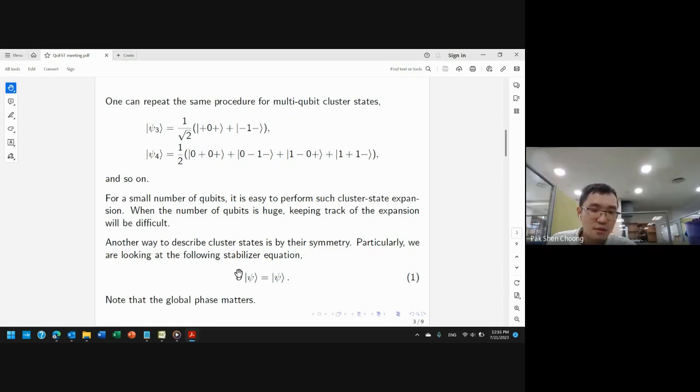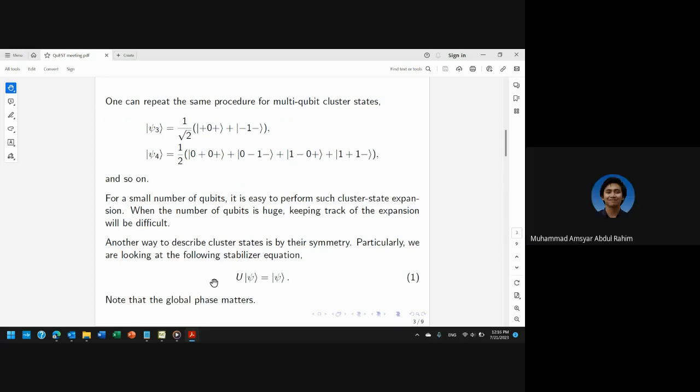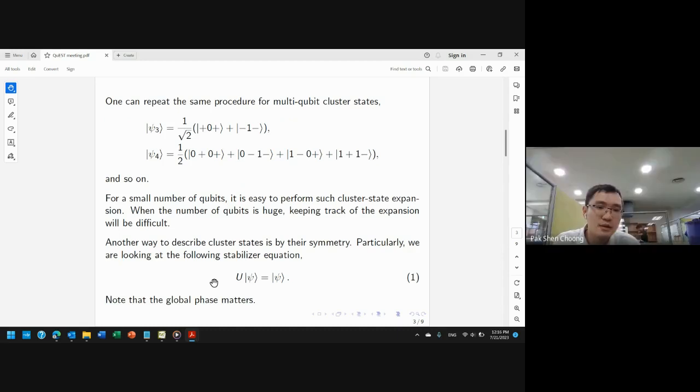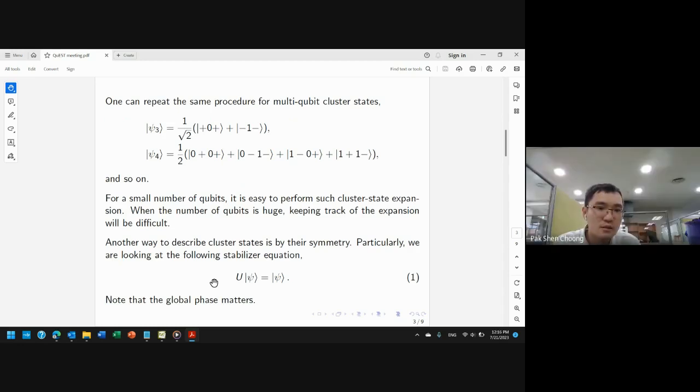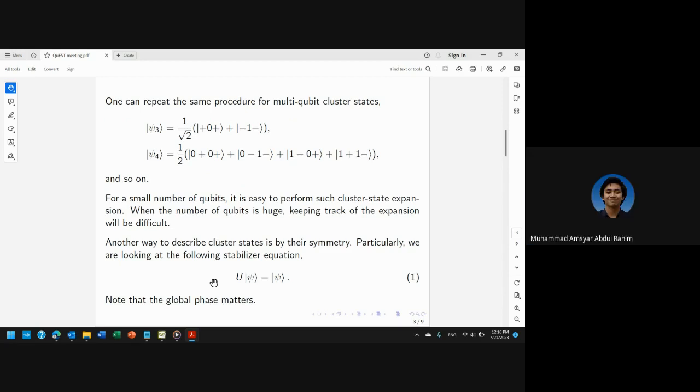In this case, you can just think of this as a unitary matrix, a square matrix, right? The state is a column, the ket is the column matrix.